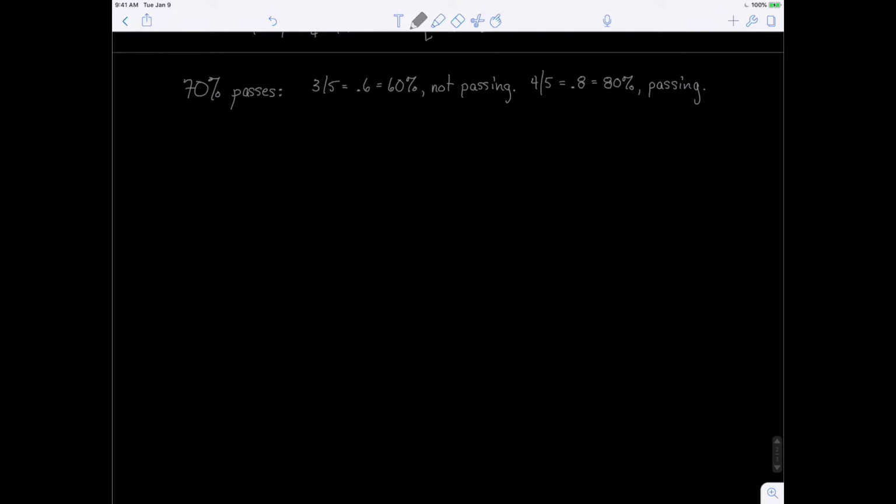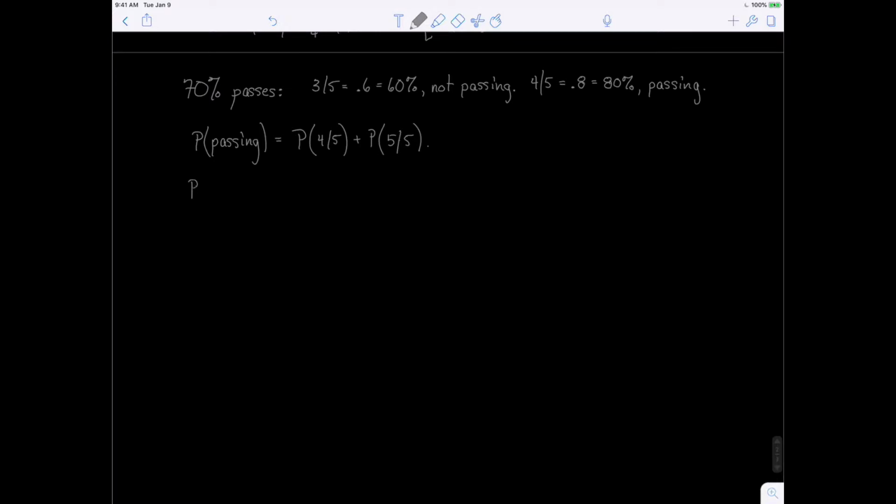Okay, so with that, obviously if you get a score of 5 out of 5, a perfect score, that would be 100%, so that would pass. So let's do this. The probability of passing this test by guessing is equal to the probability of a score of 4 out of 5 plus the probability of a score of 5 out of 5.